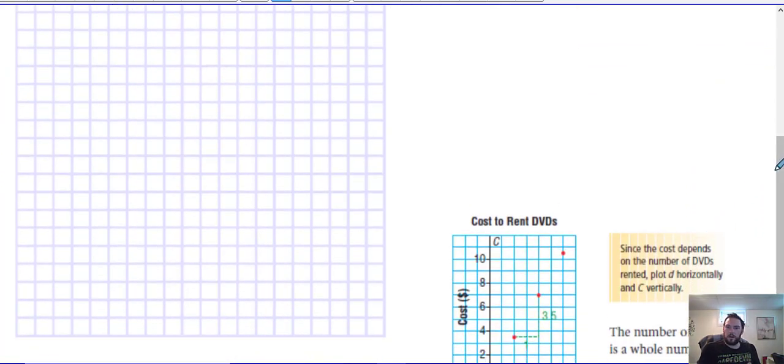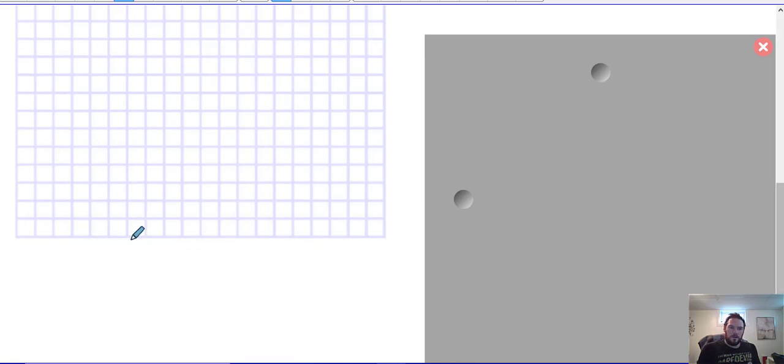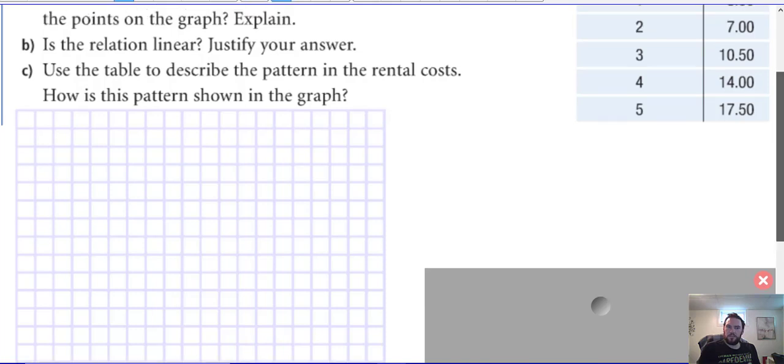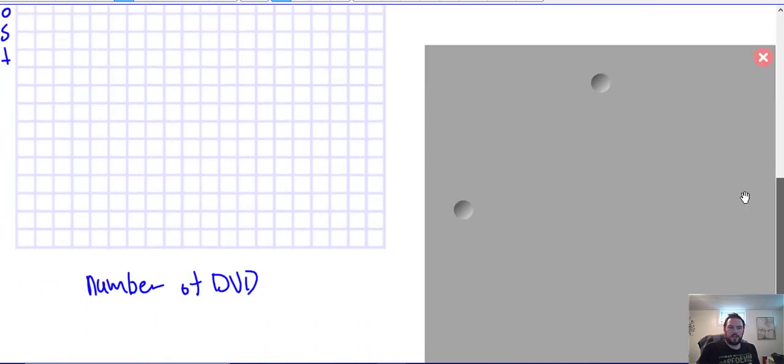So that's going to go on my x-axis. So down here, I have number of DVDs, right? And then on my y-axis is the other variable, and that is simply the cost, C-O-S-T, perfect.